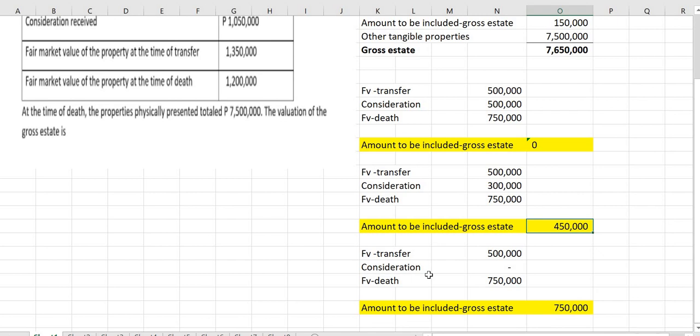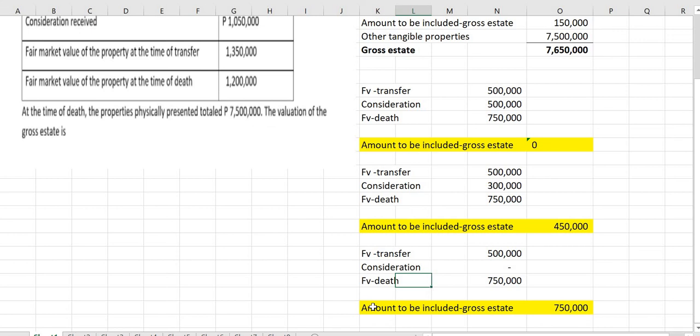However, if there is no consideration, then the entire amount is taxable and should be included in the gross estate at the fair market value at the time of death.